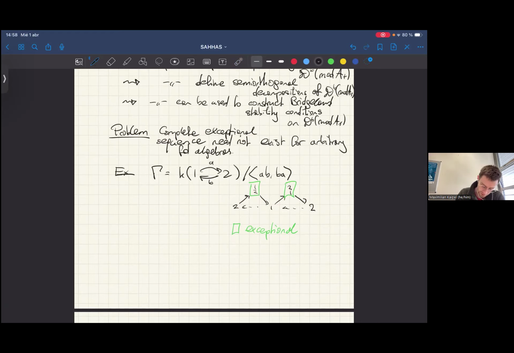So let's have a look. A tau exceptional sequence, this definition is much more recent, and attributed to Buan and Marsh in 2021.